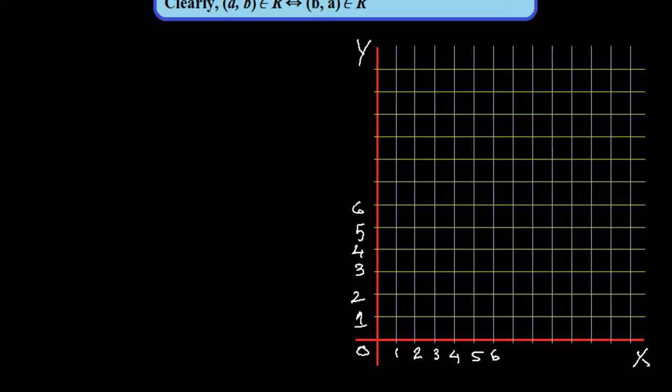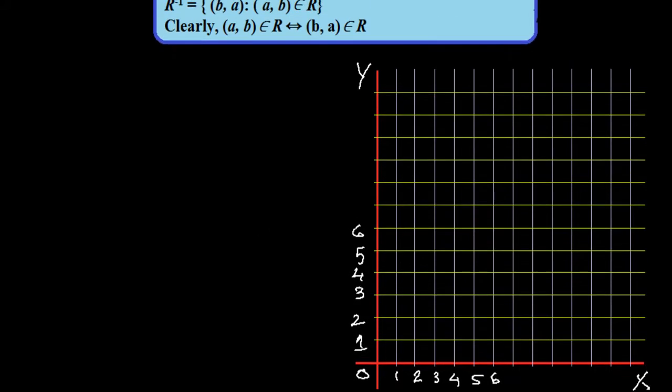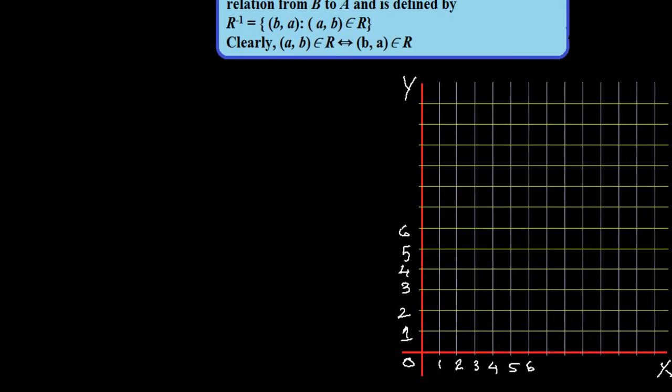Now we take the same example that we have taken there. I am putting here a. We know the elements of a were 1, 2, 3, and I am putting here b. The elements of b were 4 and 5. So we have to find the b cross a relation.